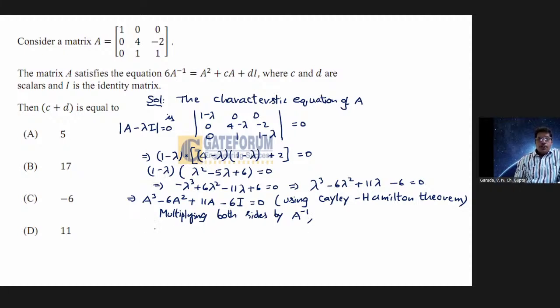A inverse into A cube gives A square. A square into A inverse is A. A into A inverse is the identity matrix. Identity matrix into A inverse is A inverse. 0 into A inverse is 0. So except the first 3 terms, shift the fourth term to the right side, and you will get 6A inverse.